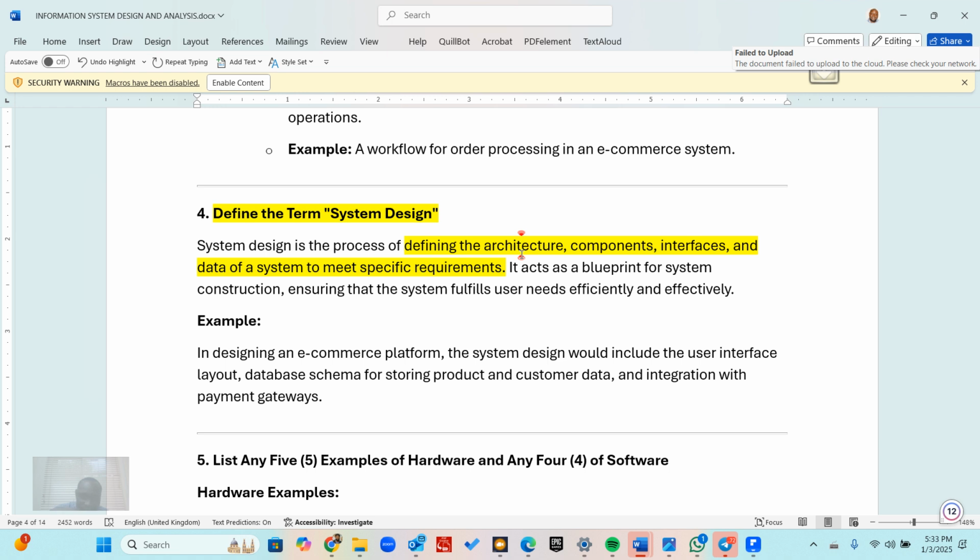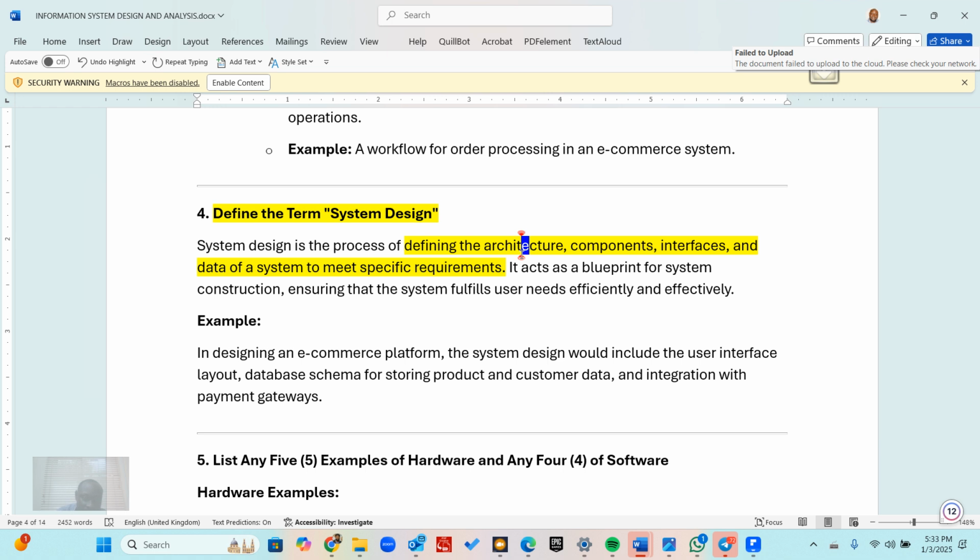So we can say it's the blueprint, it's the architecture, the components, the interfaces, and data of a system to meet specific requirements. It acts as a blueprint for system construction, ensuring that the system fulfills the needs of users efficiently and effectively.